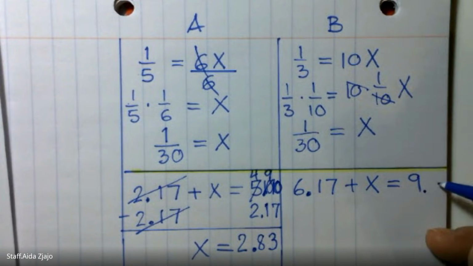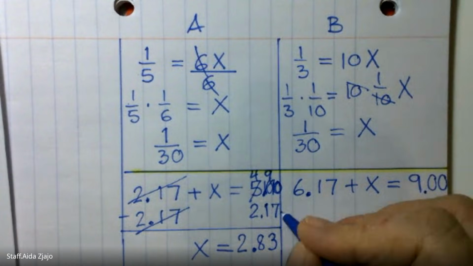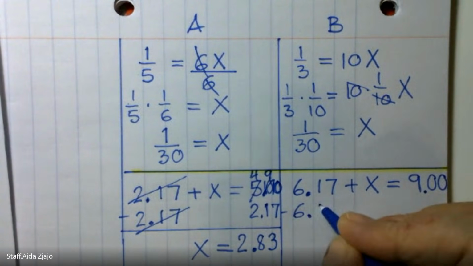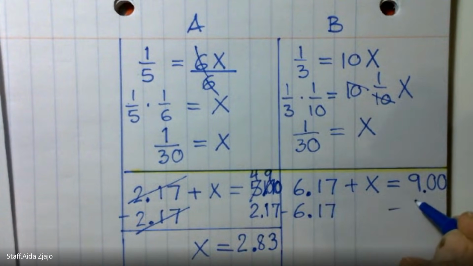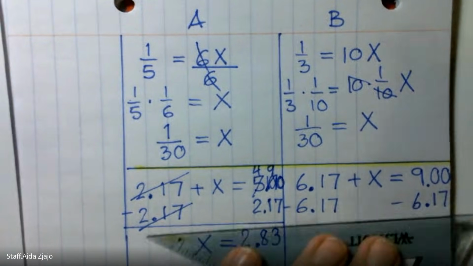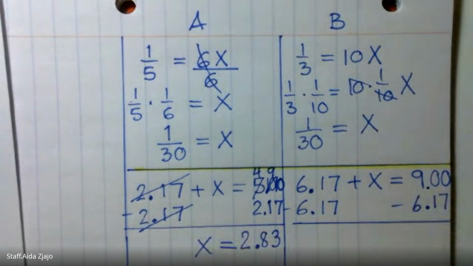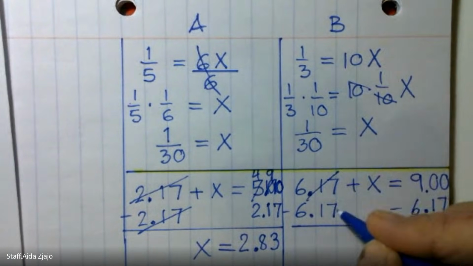Same here, I'm going to make 2, so minus 6 and 1700, minus 6 and 1700. I will get my answer.